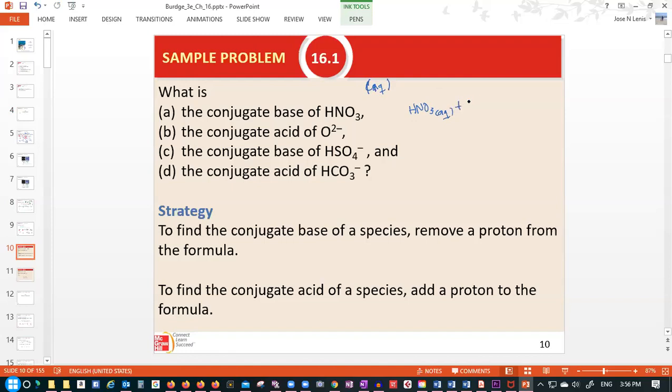So that means we add water. And let's see what happens. So the question is, find the conjugate base of HNO3. If they're saying find the conjugate base of this, that means this is what? Acid.